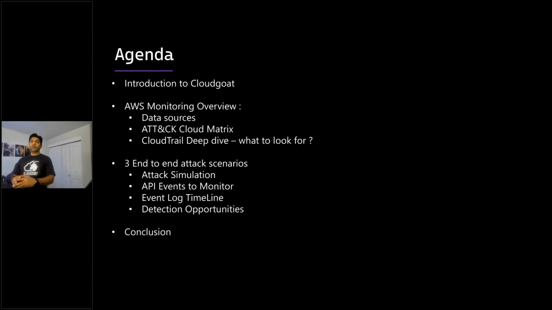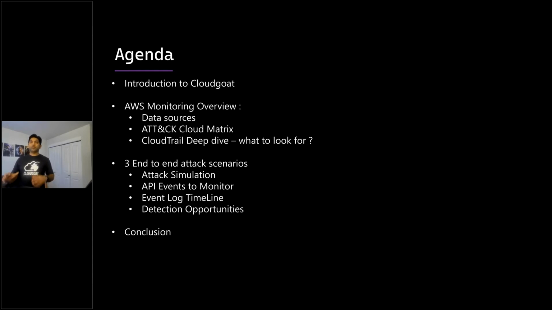Then for most of the talk, we have selected 3 end-to-end attack scenarios. CloudGoat has around 8 to 10, and very recently, I think this week, they released a new attack scenario on EFS. So we have selected 3 attack scenarios here.